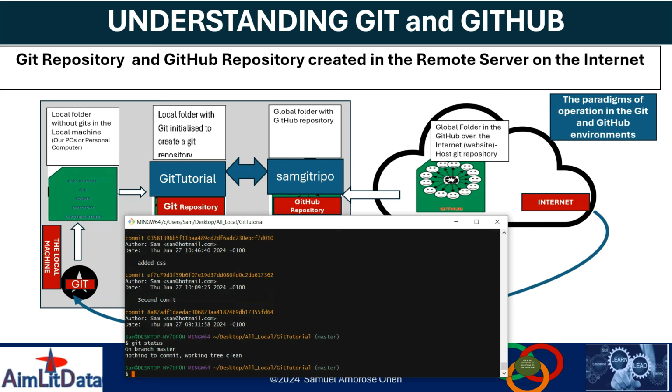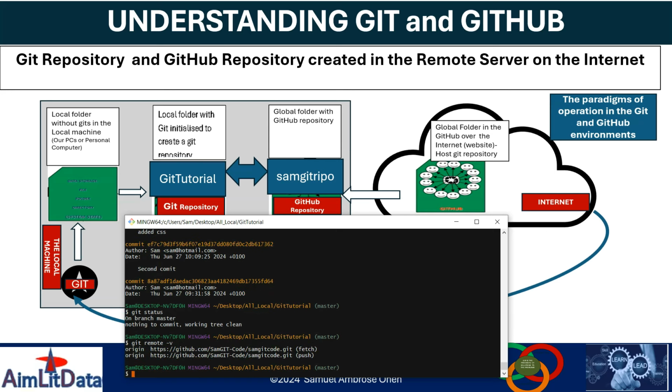And if we did git diff, everything is working, and we established the remote connection as well. The git remote -v, yes, is directly linked to our GitHub repository.